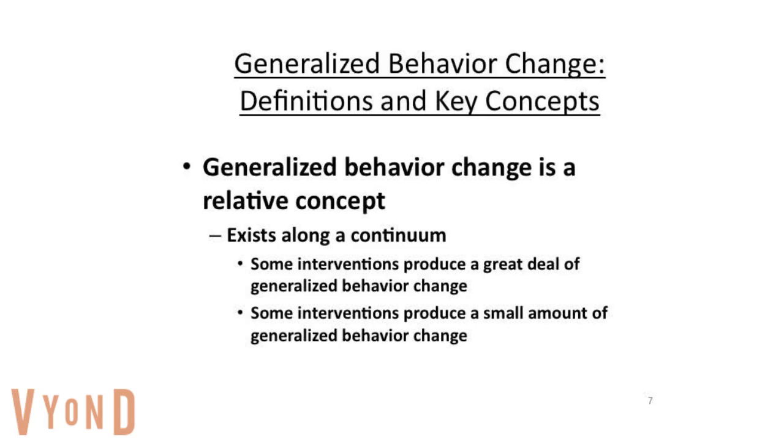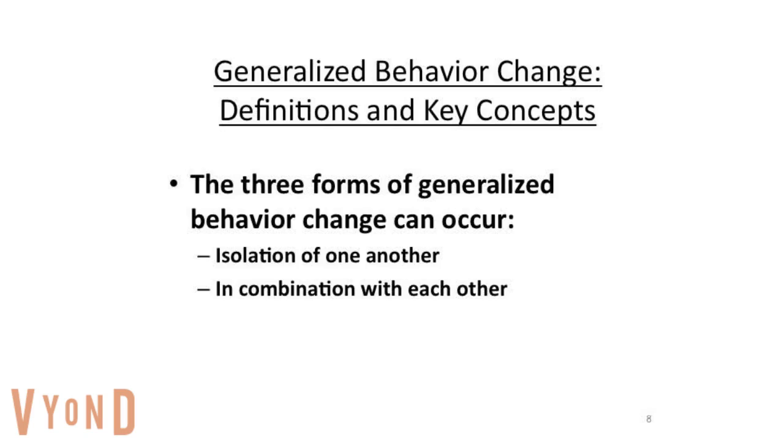And then some can be very limited. You've taught the intervention, you've taught them how to generalize, but it's still very specific, and if one thing changes that they weren't taught, that might need additional training itself. The 3 forms of generalized behavior can occur in isolation of one another or in combination with each other. So again, we're looking at across time, across settings, and across behaviors.